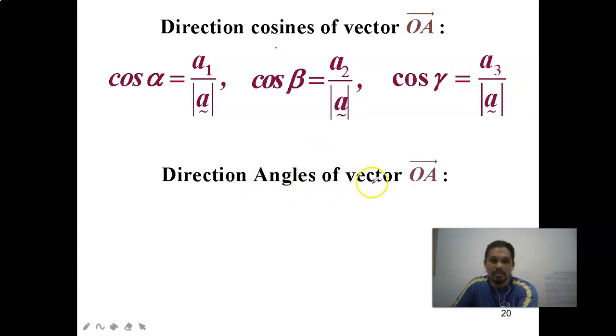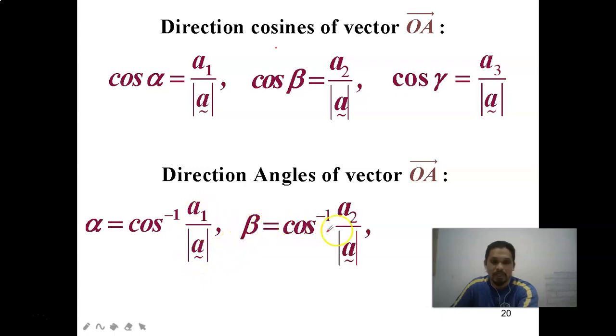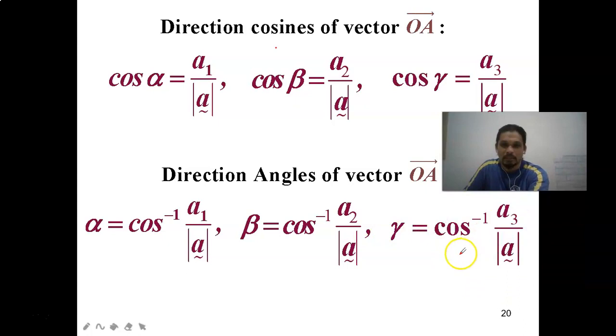So the direction angles of vector A: alpha equals arc cos of A1 divided by the modulus of A, also for beta, and here for gamma.